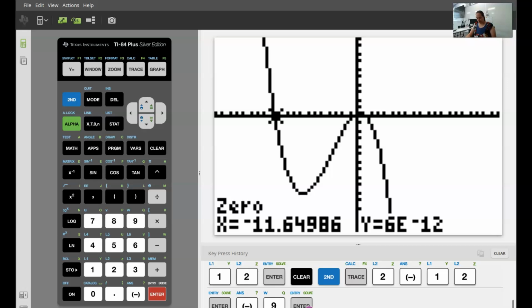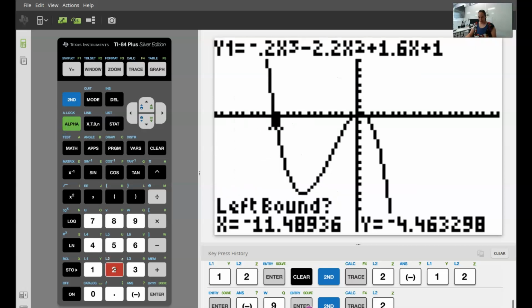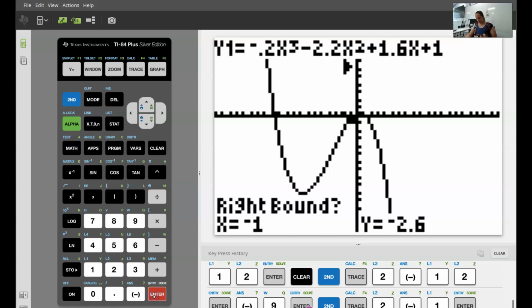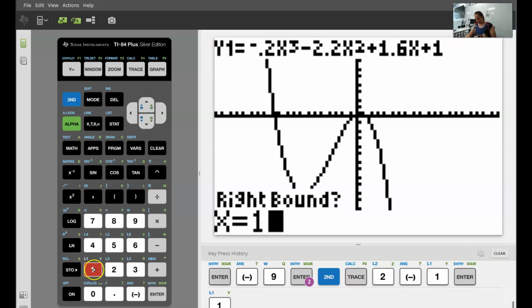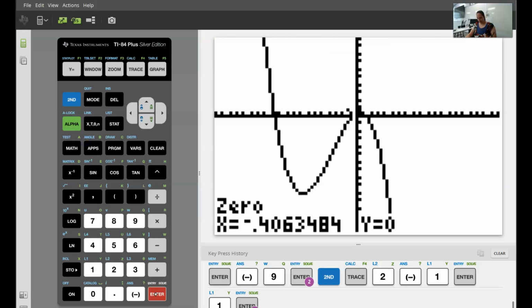We have another 0 in there, so we're going to do second trace, 2 again. And this 0 looks pretty close to the origin. So left bound, I'm going to say -1. And right bound, 1. Don't need to guess.